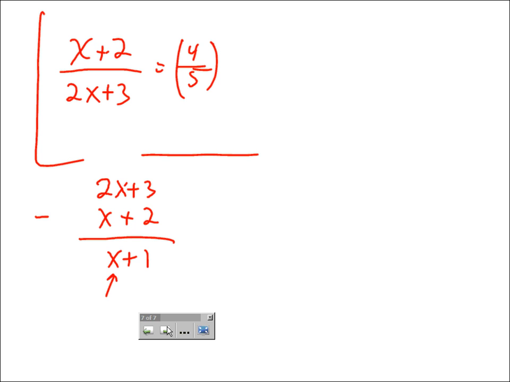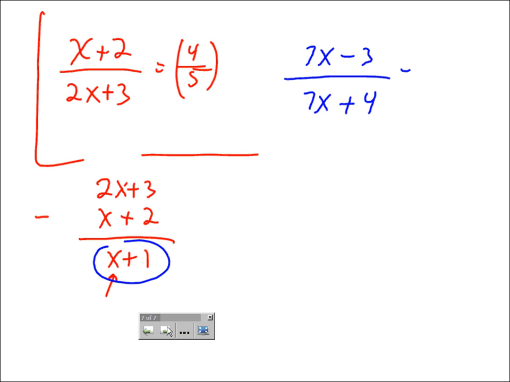Okay, so this technique will only work when the top and the bottom just differ by a specific number, not an unknown. That is, if you have 7x on the top and 7x on the bottom, and then you add or subtract some number, then I can tell you how much bigger one is than the other. The bottom is 7 bigger. So if this is equal to 4 over 5, it's a piece of cake. The bottom is 1 bigger.